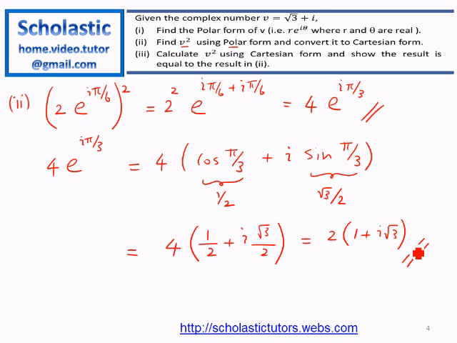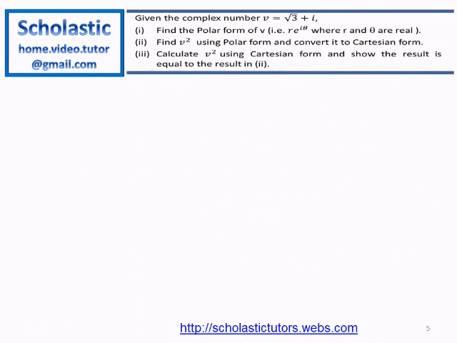And now the third part is to make use of the Cartesian form and find the value of v squared. The Cartesian form given for v is root 3 plus i.